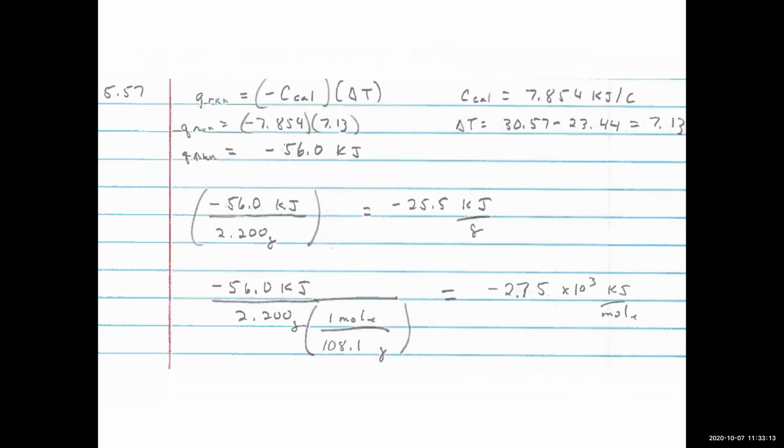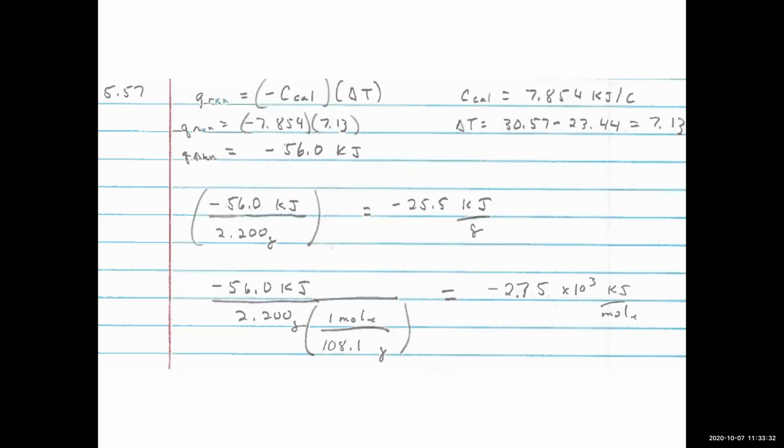Let's look at 557. So in 557, we're told we have 2.2 grams of quinone, and it's burned in a bomb calorimeter.